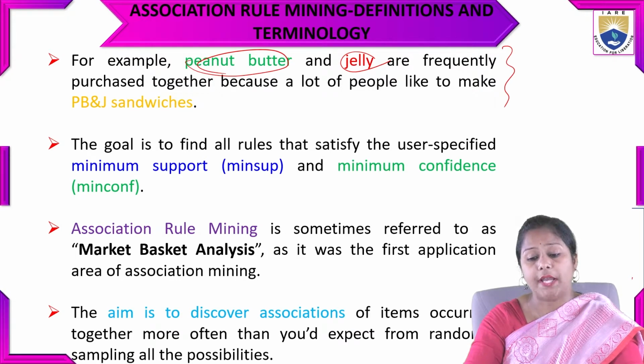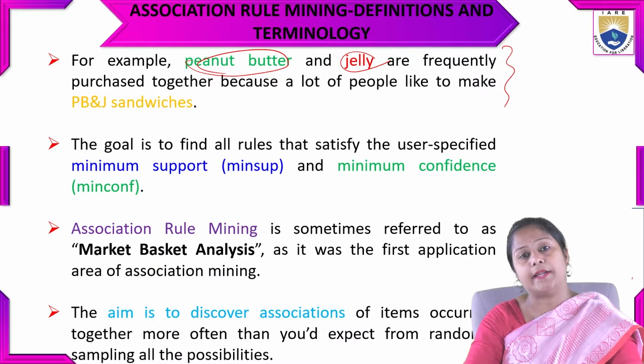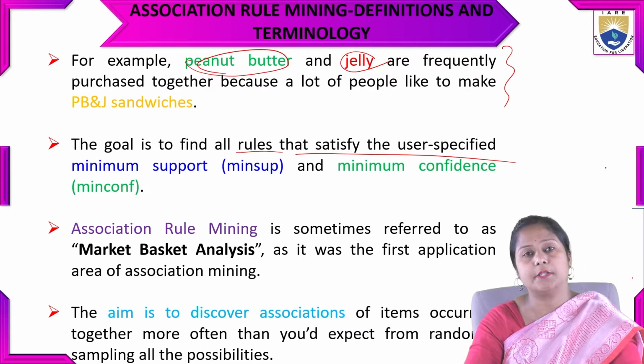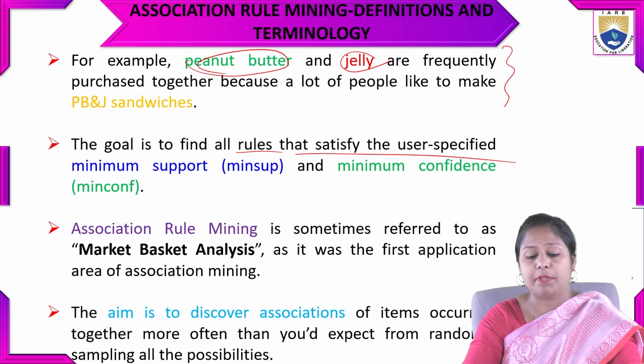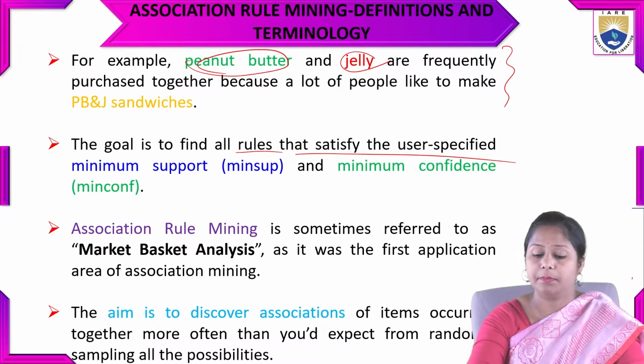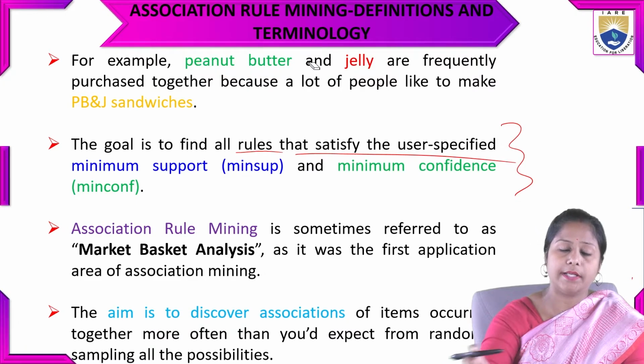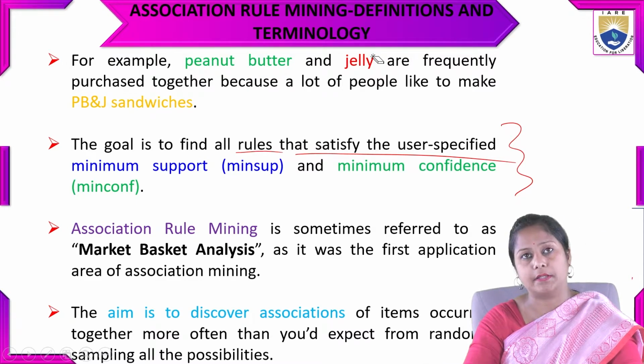So why are we using association rule mining? What is the goal? The goal is to find all the rules that satisfy the user-specified minimum support and minimum confidence.